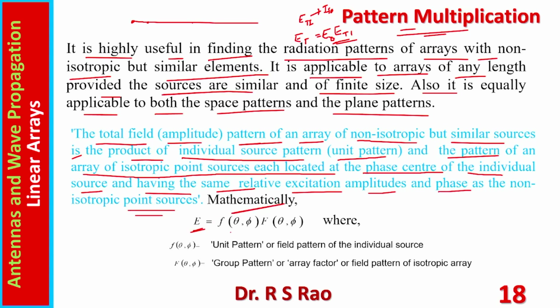Mathematically, E is f of theta phi multiplied by F of theta phi, where small f is the unit pattern, capital F is the group pattern or array factor or field pattern of the isotropic array. This principle is quite useful in computing patterns of arrays consisting of directional elements.